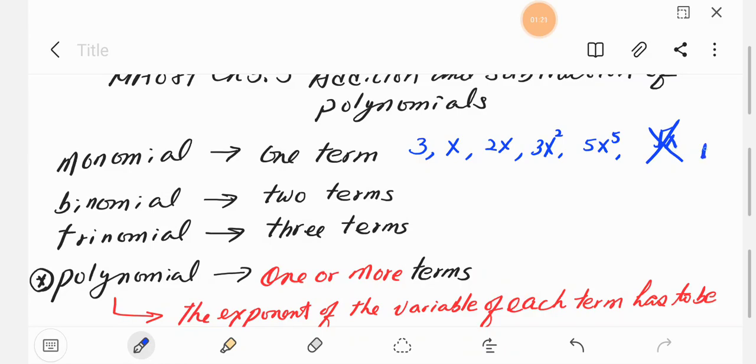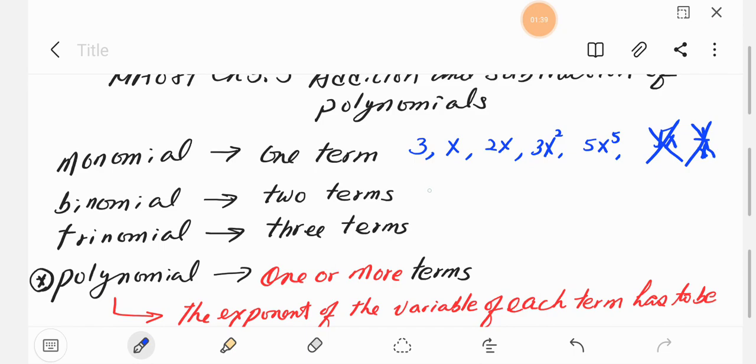How about 1 over x? In this case, no, we don't treat this as a monomial because it has to be x to a positive exponent.